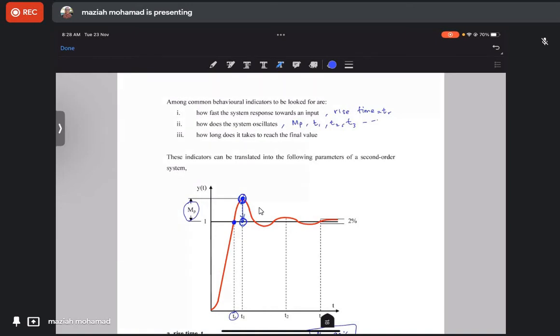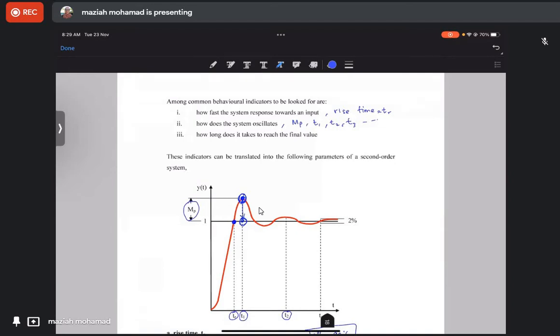Then we will calculate T1, the time to reach peak number 1, T2, the time to reach peak number 2. If you have another peak, number 3, you can calculate for peak number 3, and also 4 and 5. So you can see how this explains the oscillation that occurs in the system.